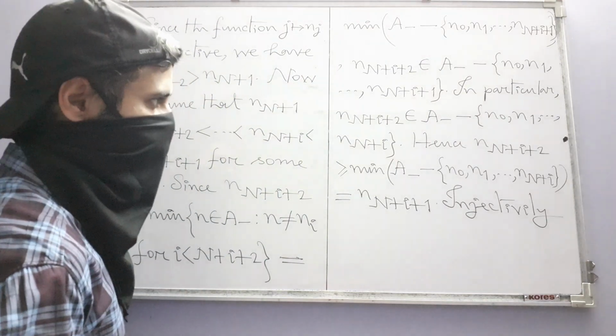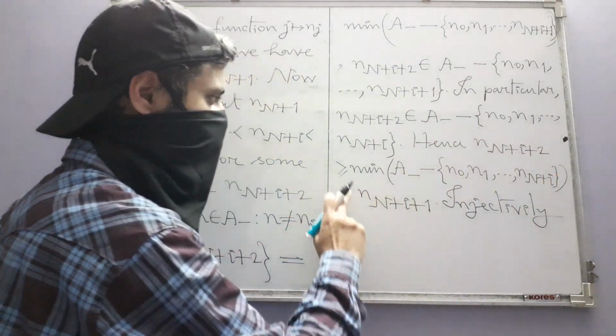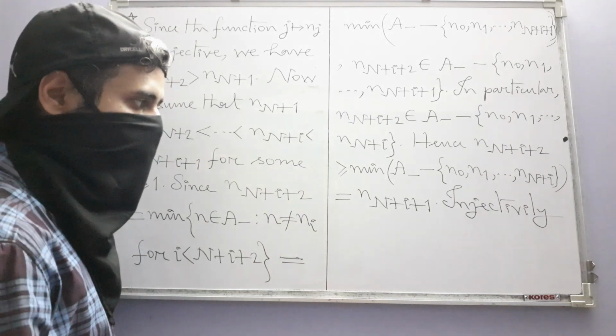So we have now proved that n plus I plus 2 is greater than or equal to n plus I plus 1.